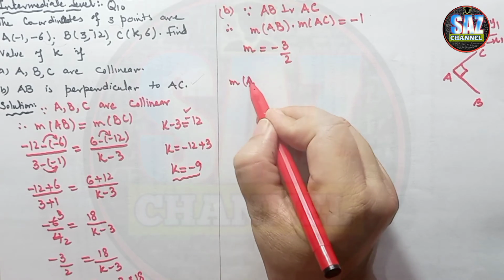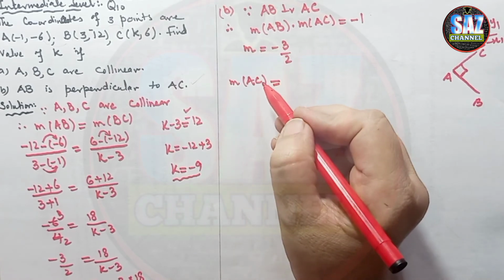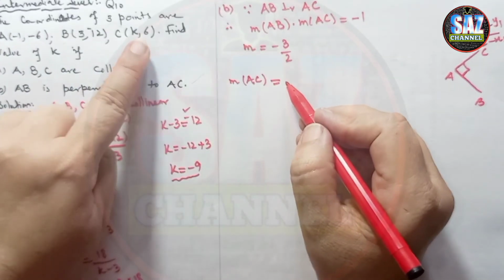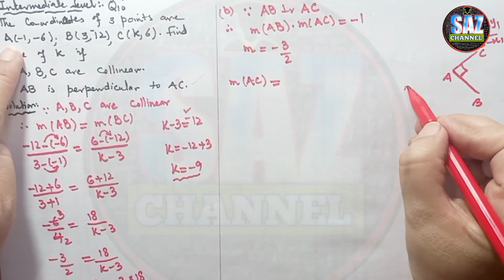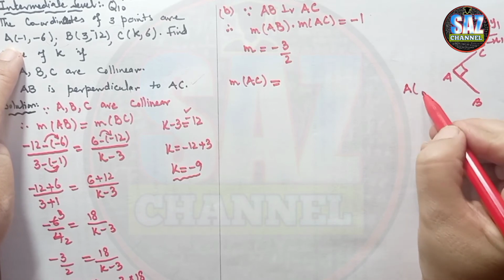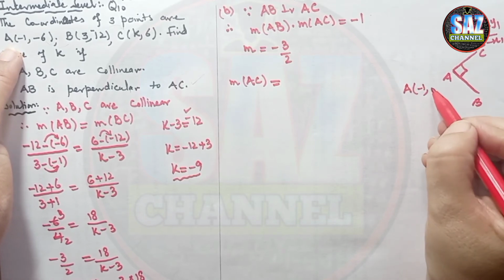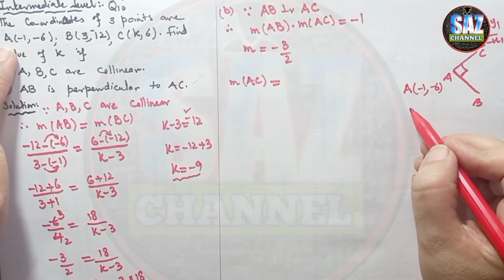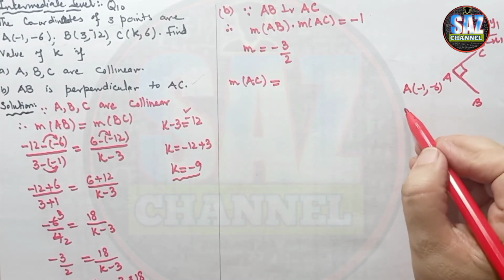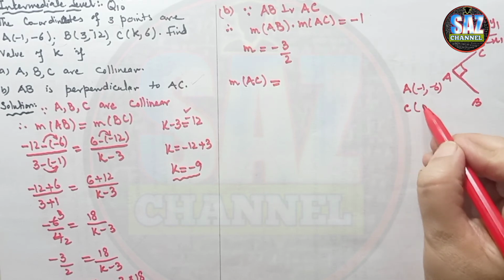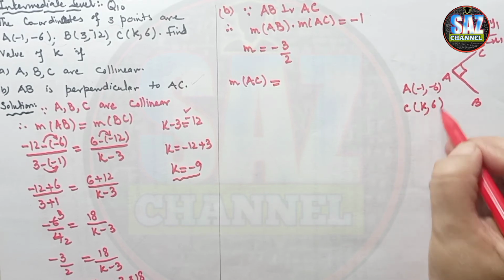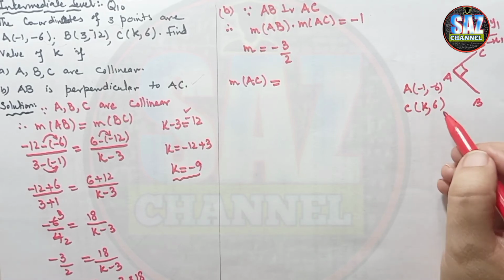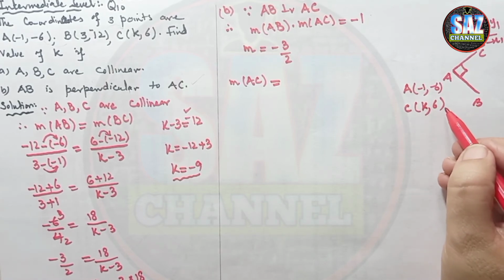Gradient AC equals y2 minus y1 over x2 minus x1. Let me write the points here so that my students should not confuse and mix the points. A is minus 1 and minus 6, and C is k and 6. We are not going to use the previous value of k, because the question says that for both parts we have to find the value of k with two different conditions.